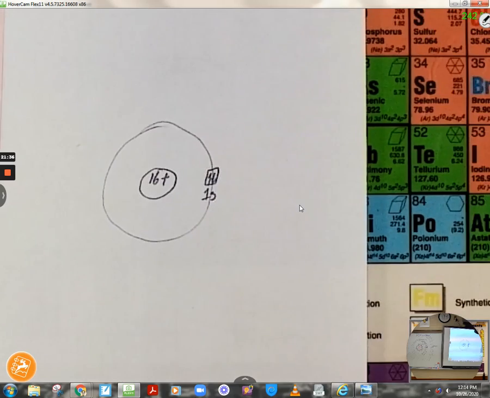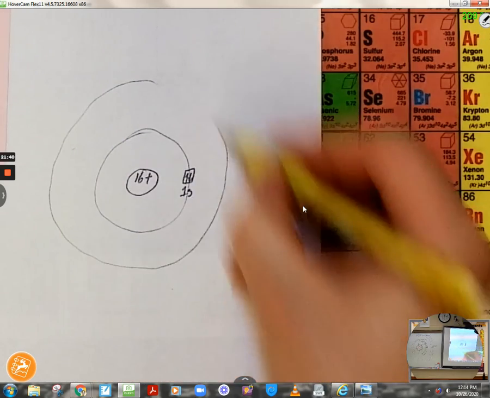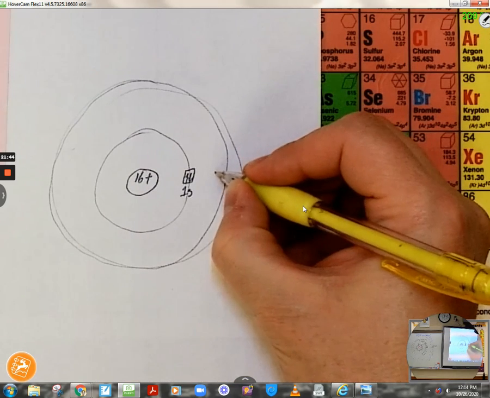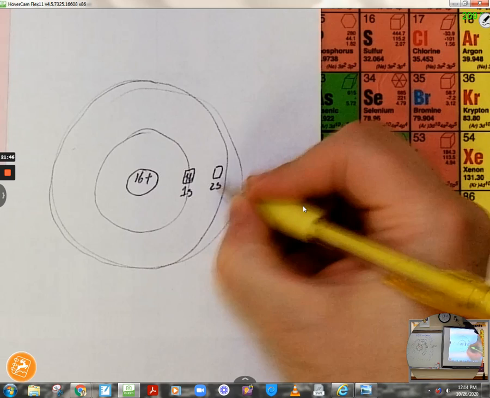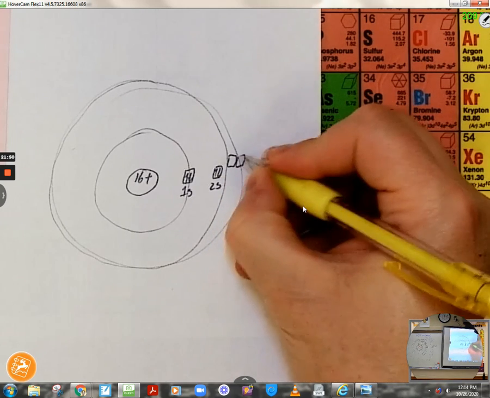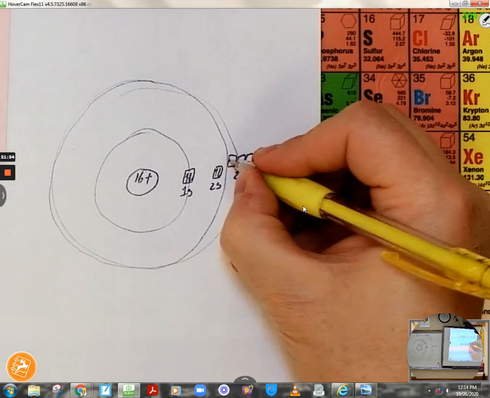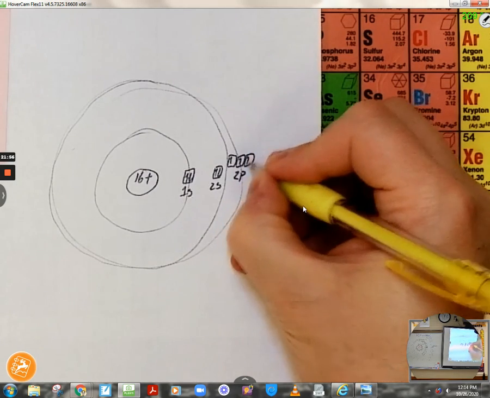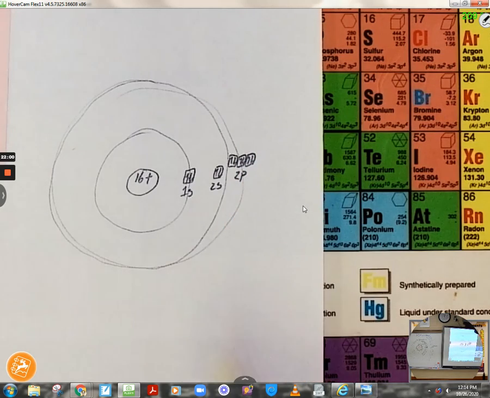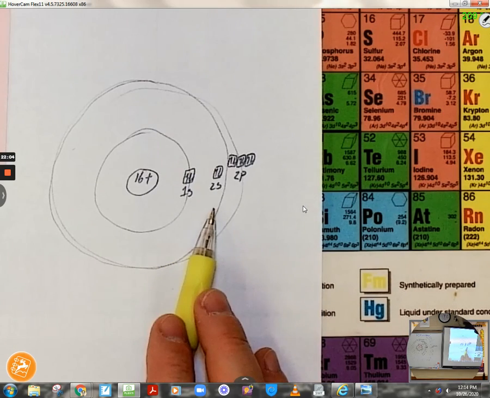With me? Okay. Then we come to energy level 2. Energy level 2, roughly spherical, has an S sublevel, 2s, 3, 4, and it's got a P sublevel, 2p, 1, 2, 3, 4, 5, 6 electrons in it. So you've got 2 in the first main energy level, 8 in the next main energy level.